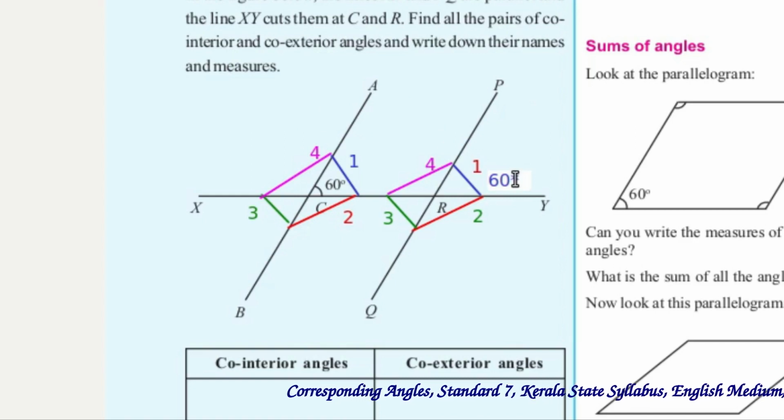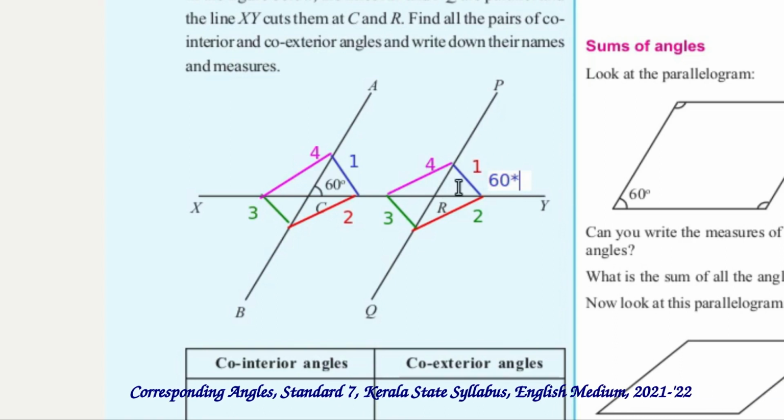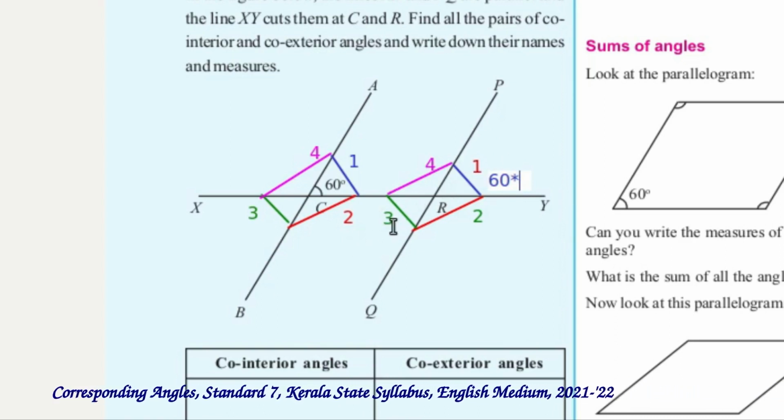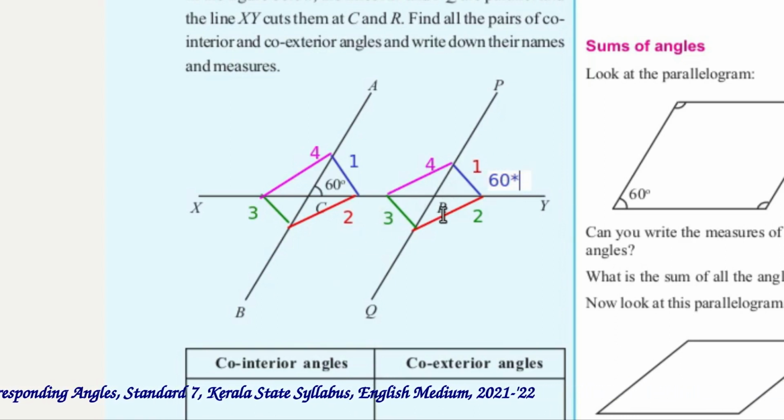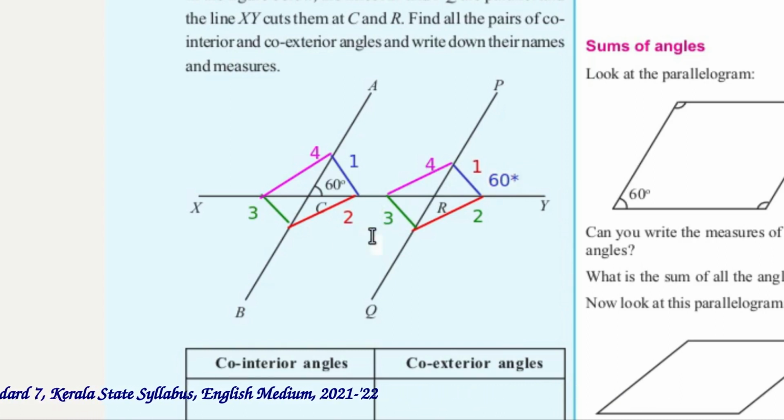Now look at this one. If this angle is 60 degrees, how much will this angle be? These two are opposite angles. We have studied earlier that opposite angles are always equal, so this is also 60 degrees.